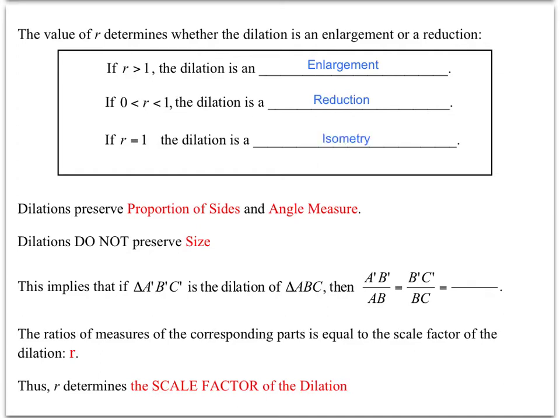Remember that dilations do preserve proportion of the sides as well as the angle measurement, but it does not preserve the size. So we can take a triangle ABC, we can dilate it, and these triangles are going to be similar triangles, which means the angle measures are all the same, and the proportions between the sides must be equal.